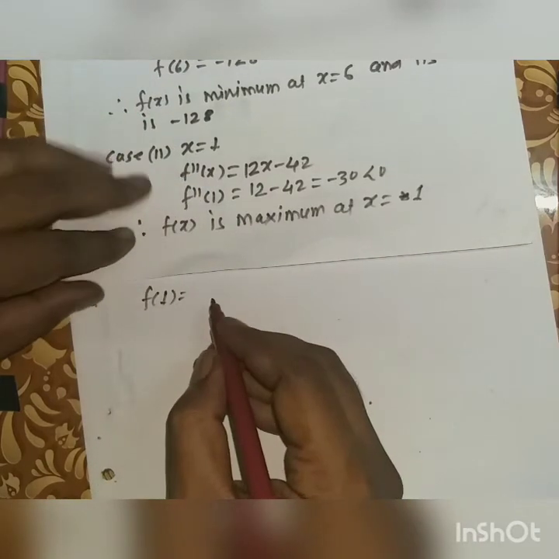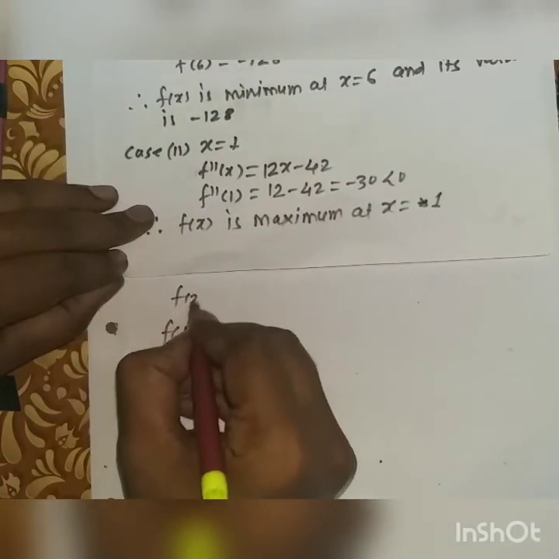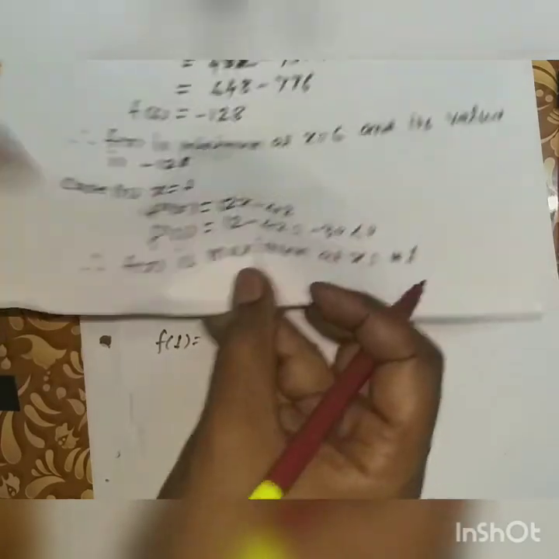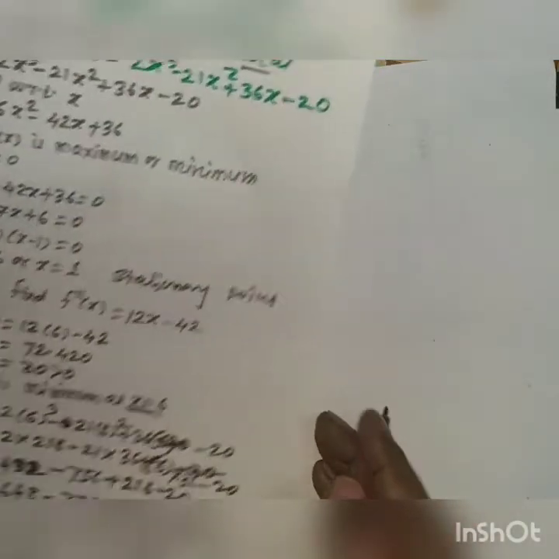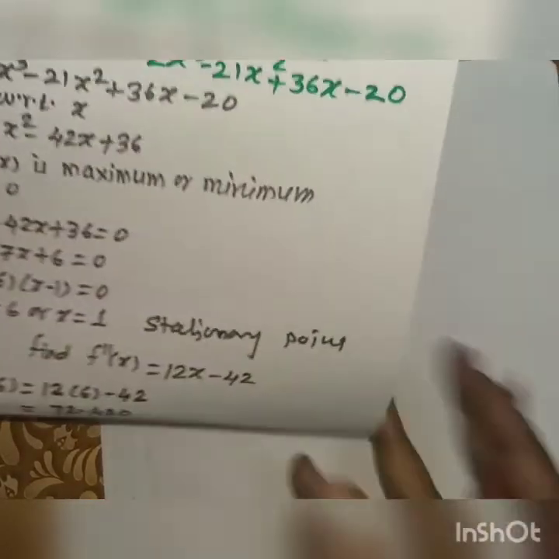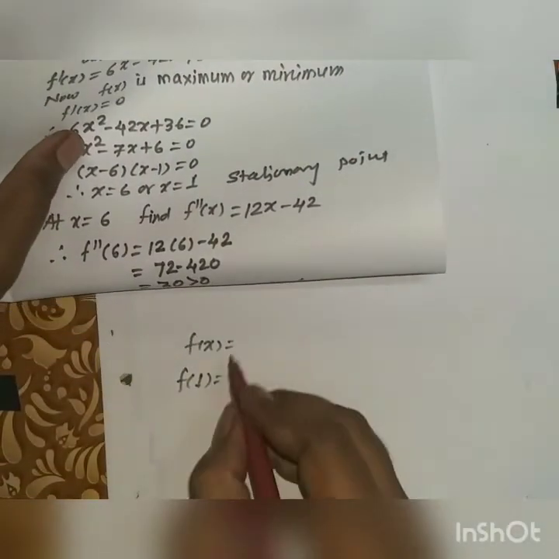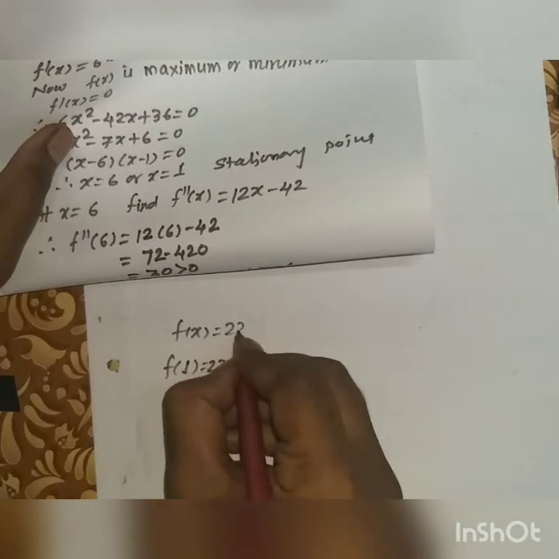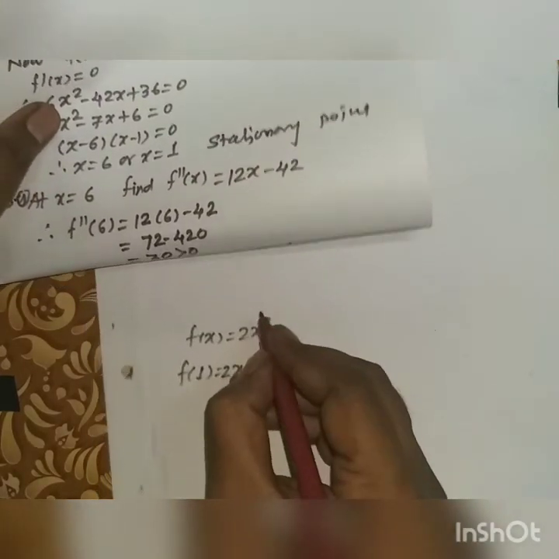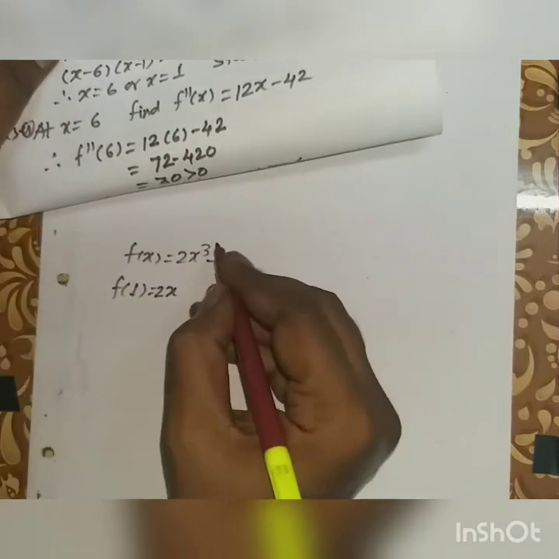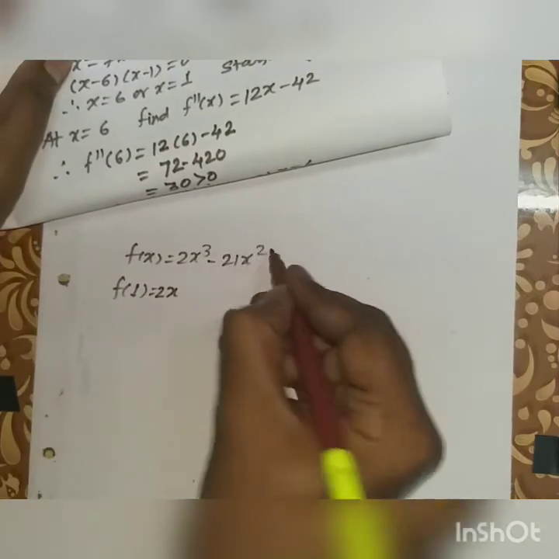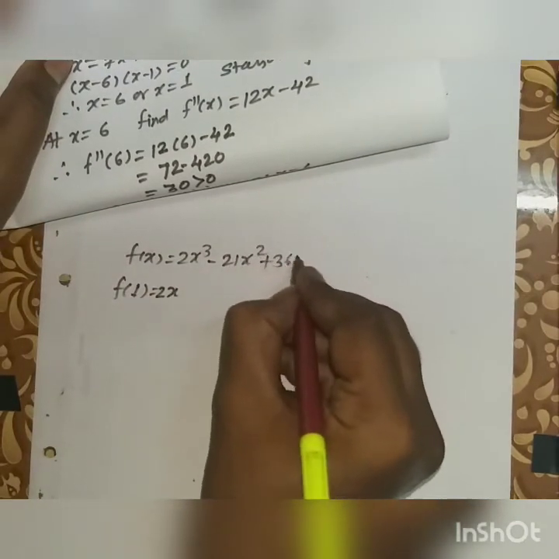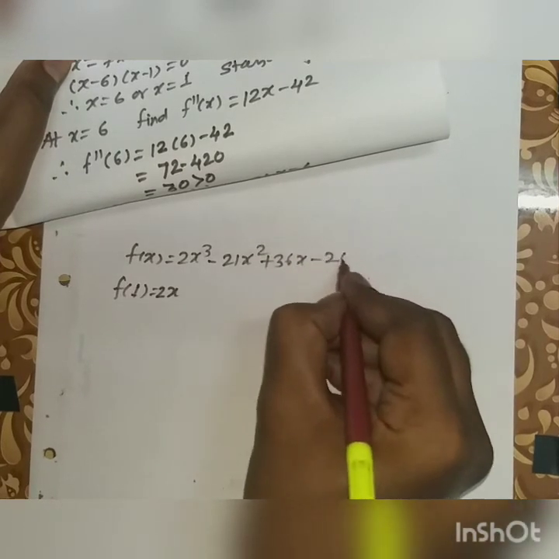The given function is f of x is equal to 2x cube minus 21x square plus 36x minus 20.